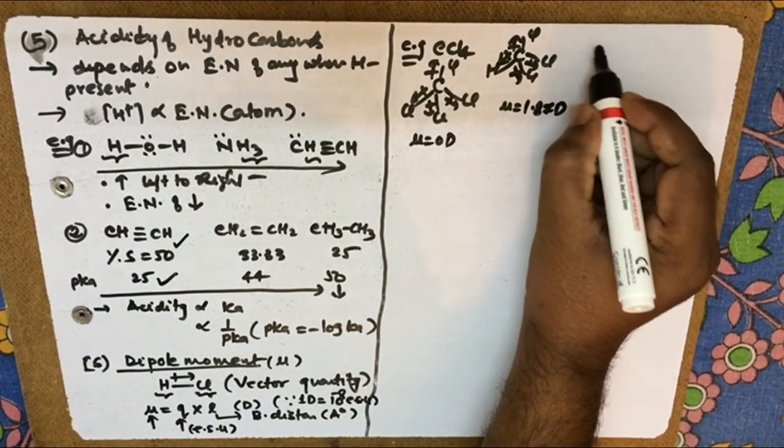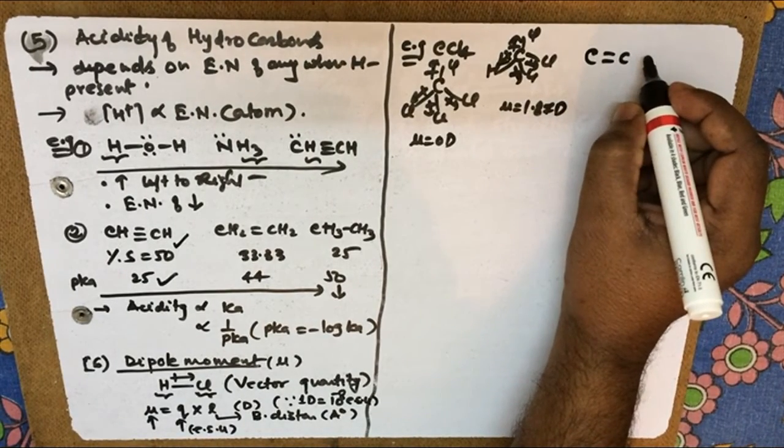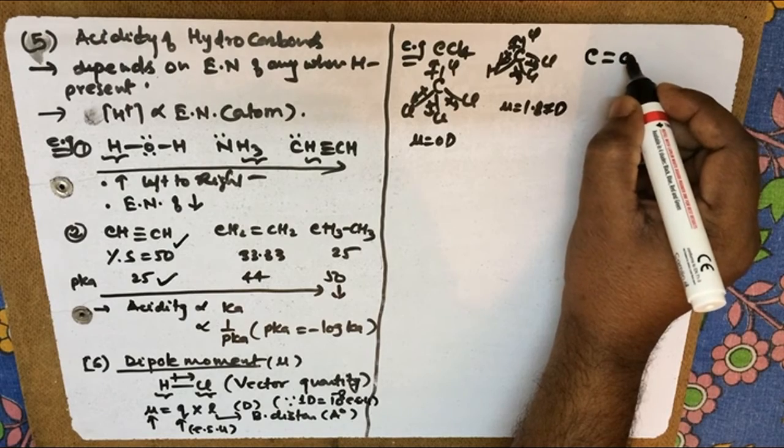Now you see this cis 1,2-dichloroethene, okay.